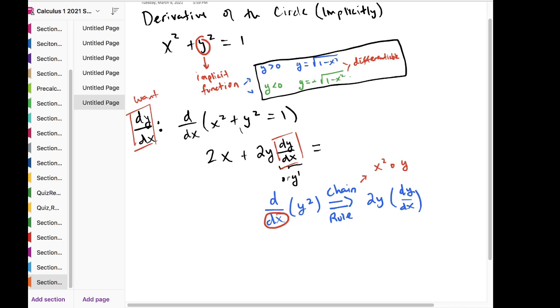The derivative with respect to x, if you want to think about that, you're observing how y squared is changing with respect to how x is changing. So this is a lot different.